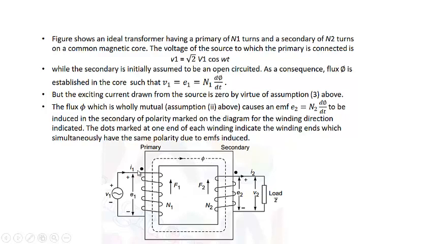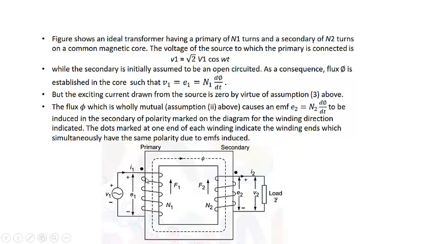When this flux decreases, E1 will also reduce. When E1 reduces, V1 is constant by the source, so this current will increase, because there will now be an imbalance in the voltage.